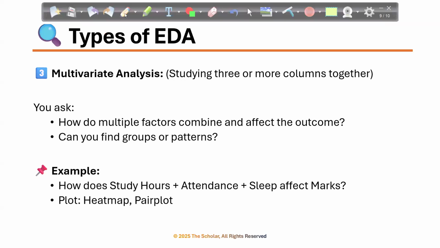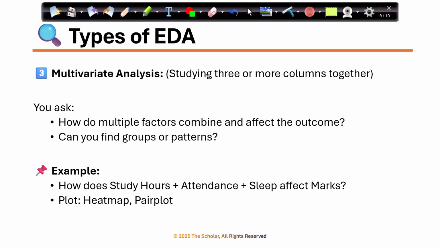Now, multivariate can also be of different types. It can be categorical, categorical, categorical, or more categoricals because it's three and more than three. Or it can be categorical, numerical, numerical, numerical, like that. Or it can be categorical, categorical, categorical, and numerical.